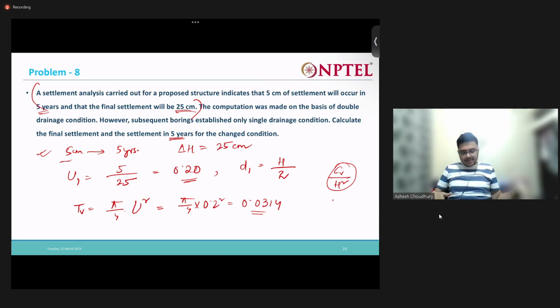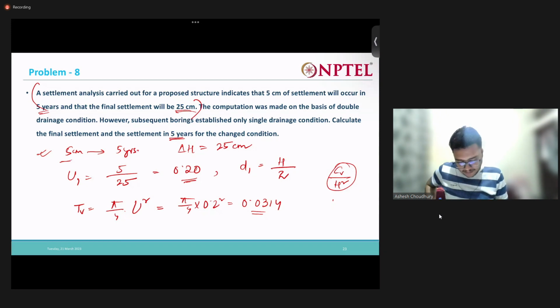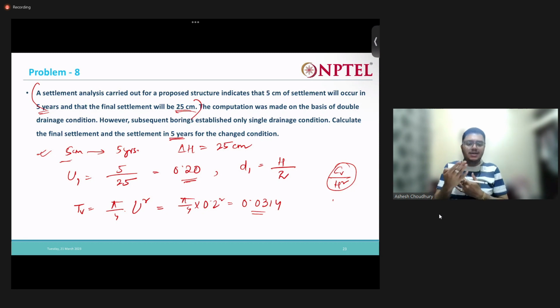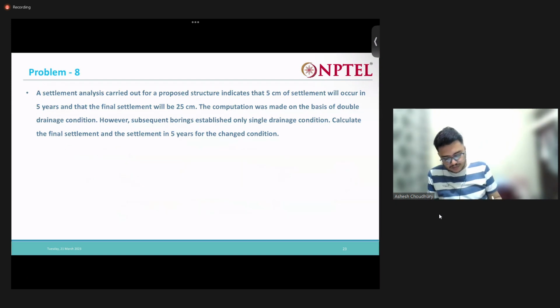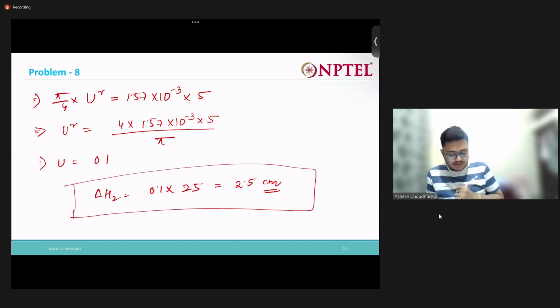If I consider single drainage, my settlement in 5 years is half of it, 2.5 centimeters. That makes a lot of difference. If the drainage condition is doubled, my settlement is also doubled. If the drainage condition is reduced to half, then my settlement is also reduced to half. So this is the actual settlement that is occurring.